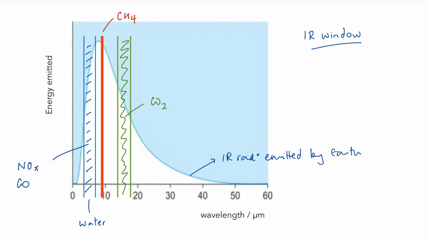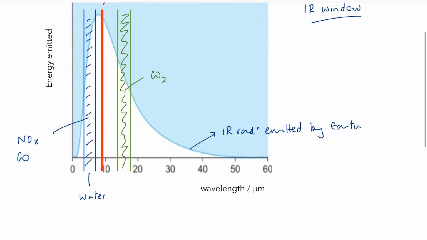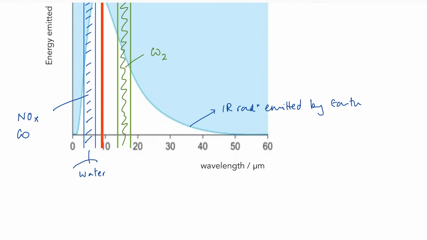And then finally, we need to be aware of a positive feedback loop. As the temperature of the Earth rises, more and more water is in the form of water vapour. And as a result of that, we have more water in the atmosphere, absorbing more infrared radiation, leading to a warming atmosphere and more water evaporating.